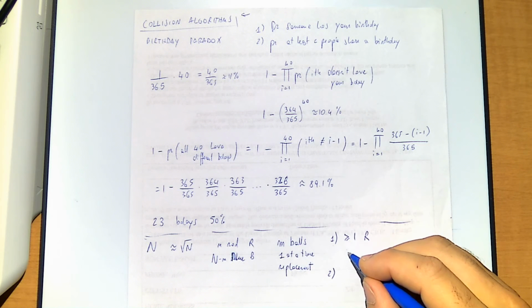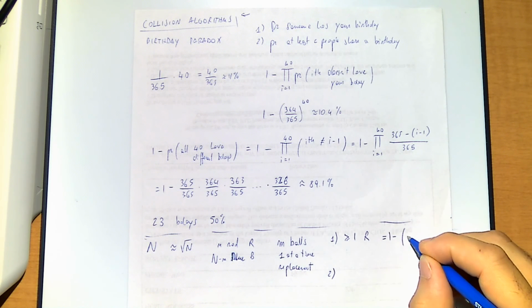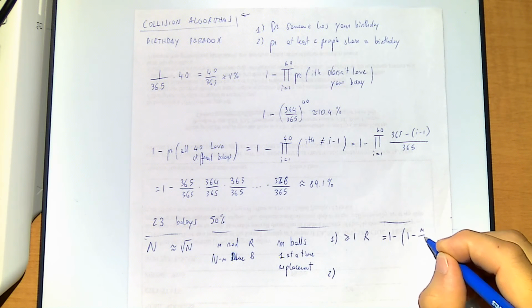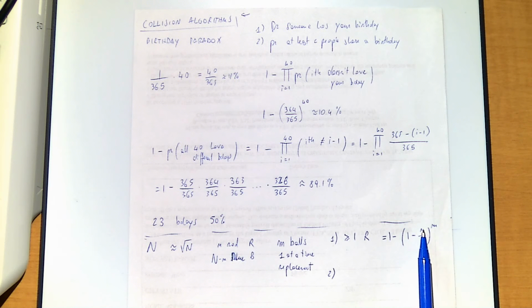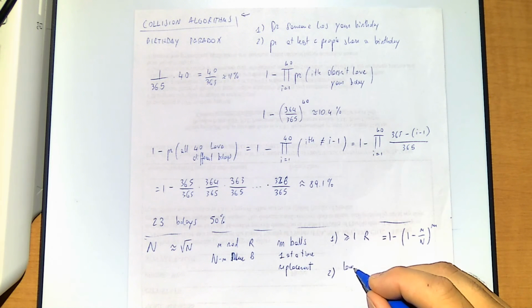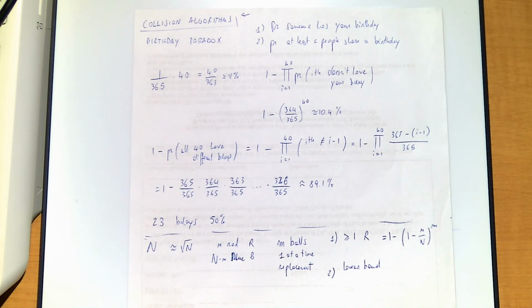Then the probability of at least one red is actually equal to 1 minus (N minus n over N) to the power of m. Here n is the number of red balls, m is the number of draws that you do, and N is the total. In fact, you have a lower bound, which again, in a lot of cases, is what we're happy with if we're looking at algorithms.